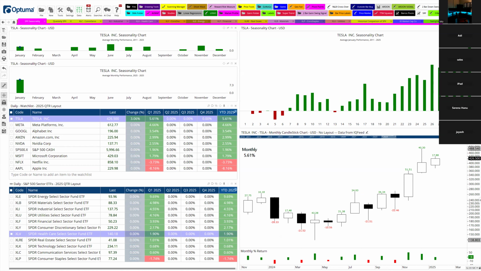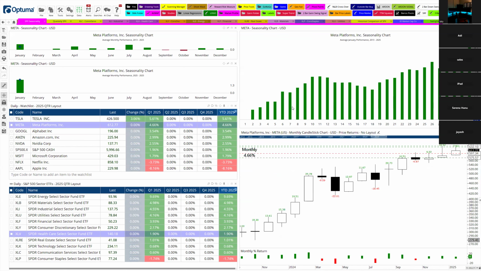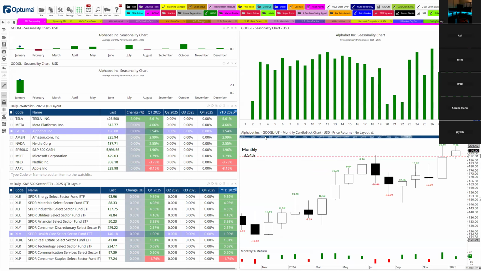Tesla is doing good with seasonality, at 5.61, where Tesla has this strength. Meta is good, at 4.66%. Meta has seen a lot of whipsaws right now with this TikTok issue, because of their ad revenues and things like this. Google is good, 3.5% so far.